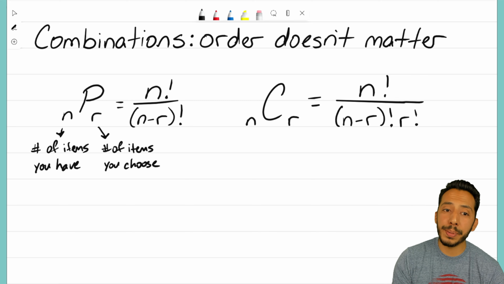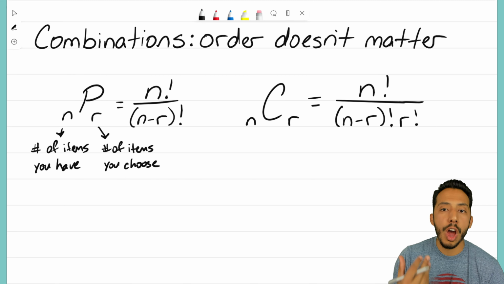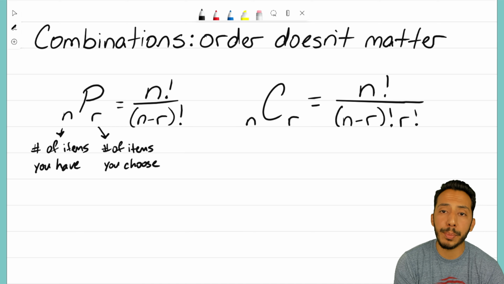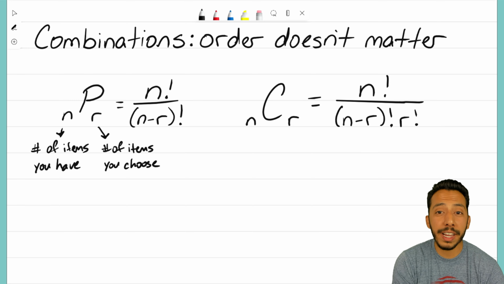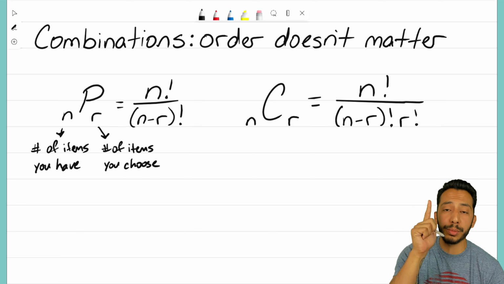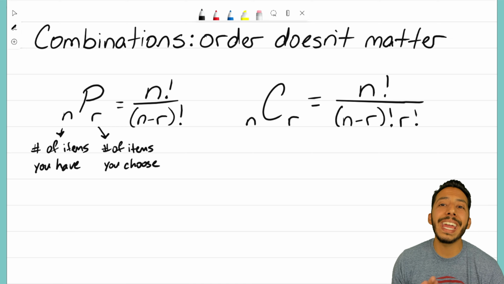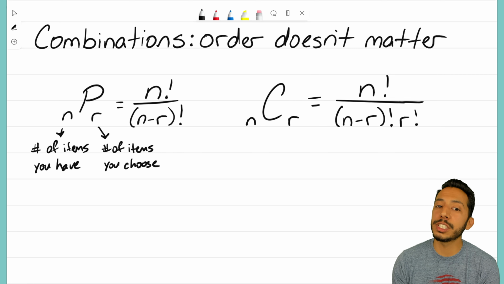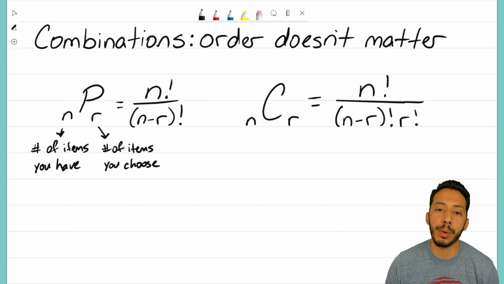The reason we put r factorial in is because we're removing all of the multiple combinations that are the same. It'll make sense in a second when I do an example problem with you. That r factorial on the bottom is super important because it removes all the extras, all the duplicates, all the ones that are really the same that we don't need. If you use that formula every single time for combinations, it's going to help you out.